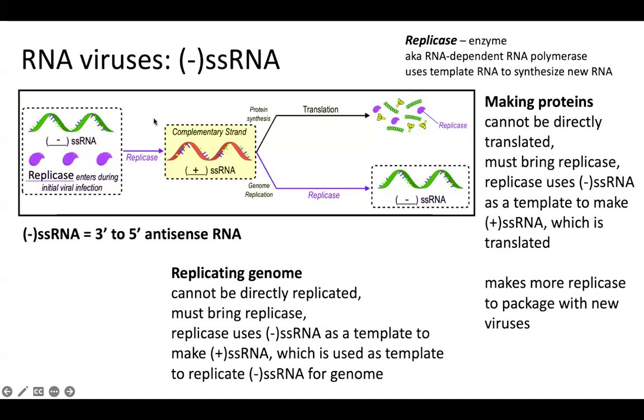It's going to use that complementary strand and again use replicase to make more of the genome that's going to get packaged up for the new viruses. And so the key idea here is that the negative sense RNA viruses need to bring replicase with them. The protein production and genome replication both depend on that.